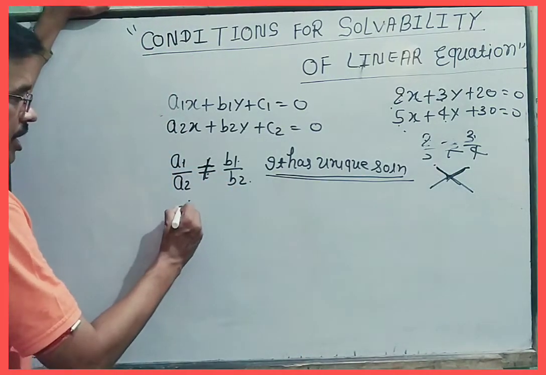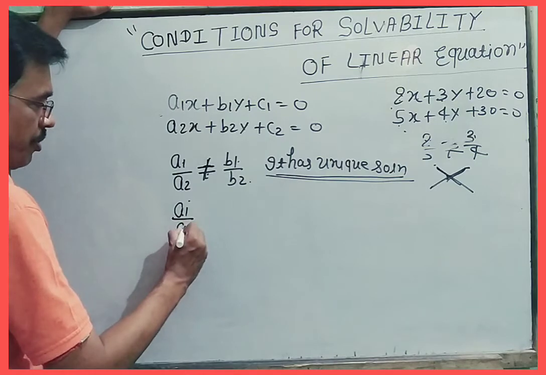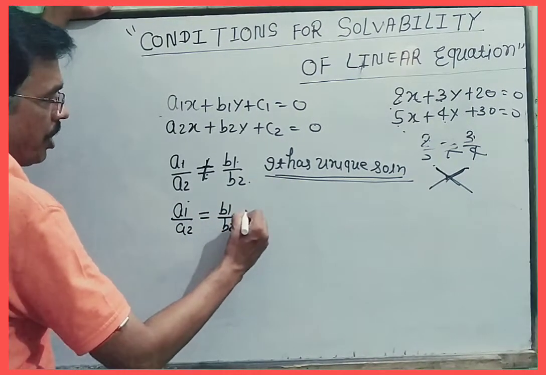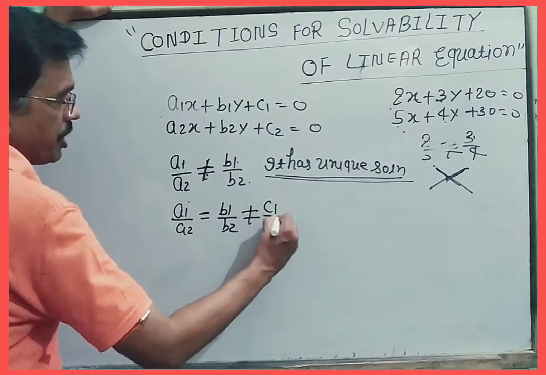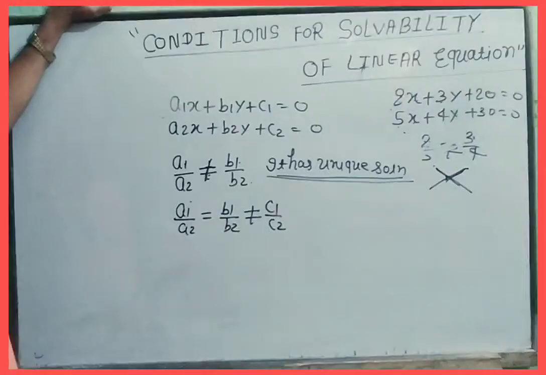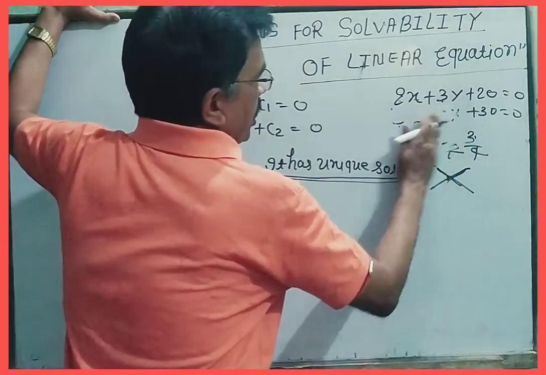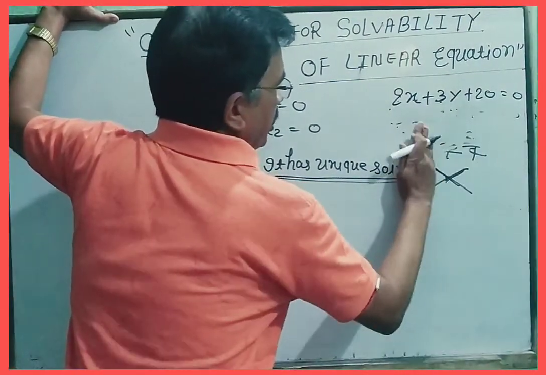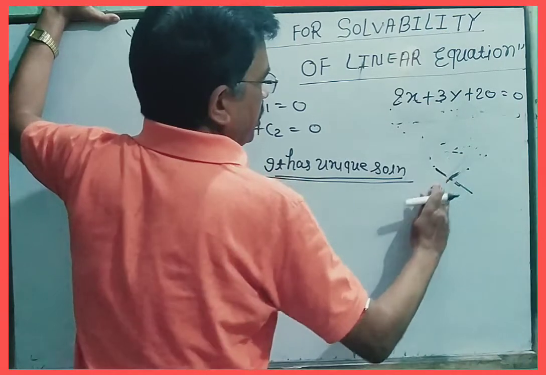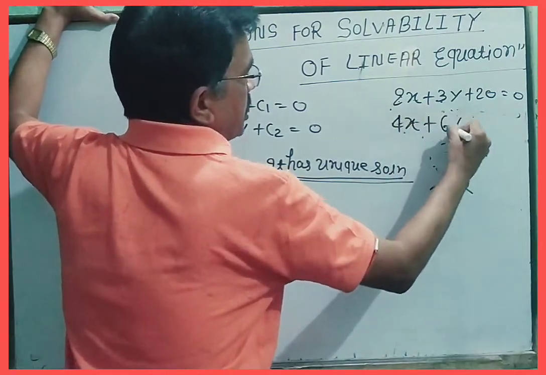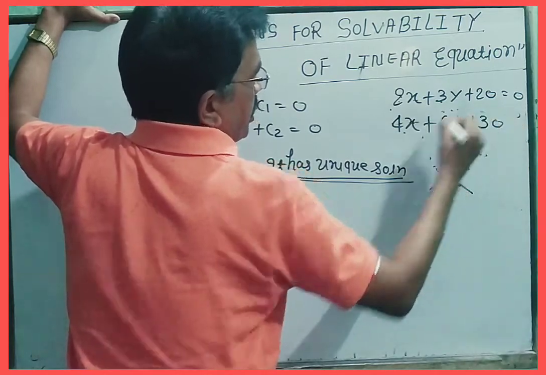Next condition: if a1 by a2 is equal to b1 by b2 and not equal to c1 by c2. Like I write here, 4x plus 6y plus 30.